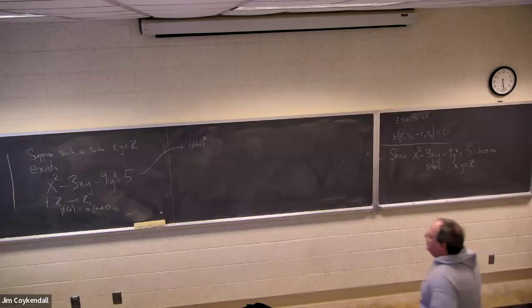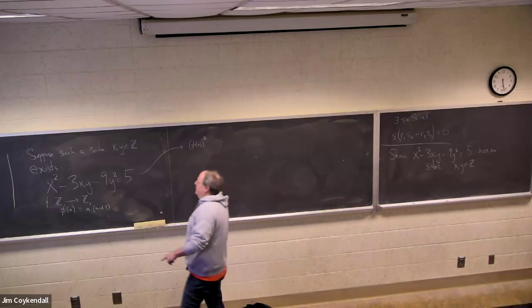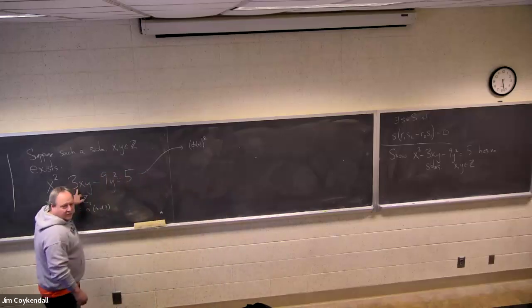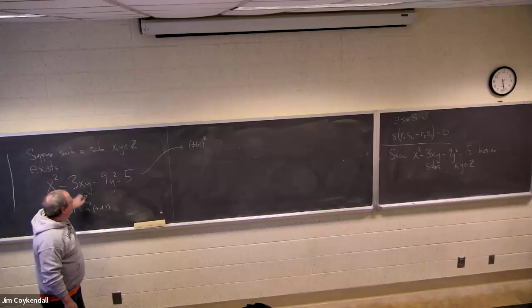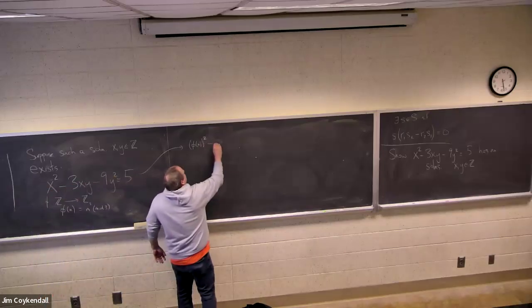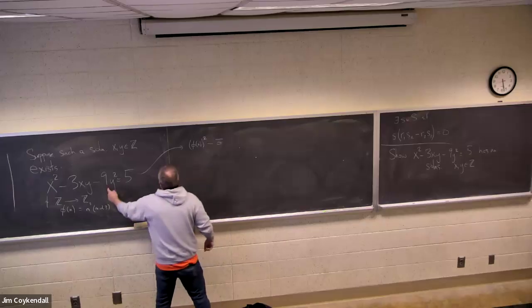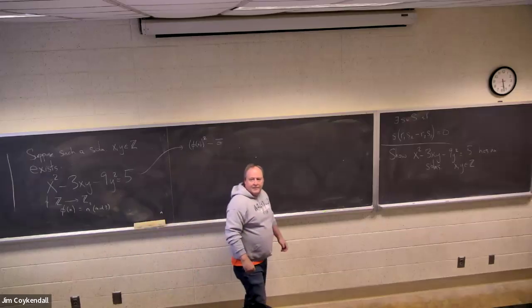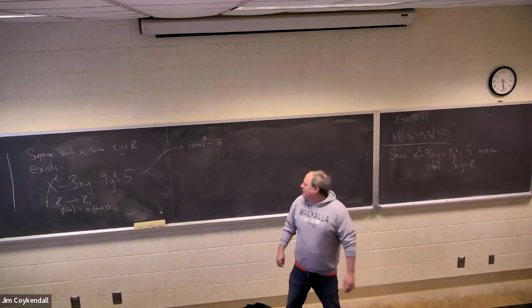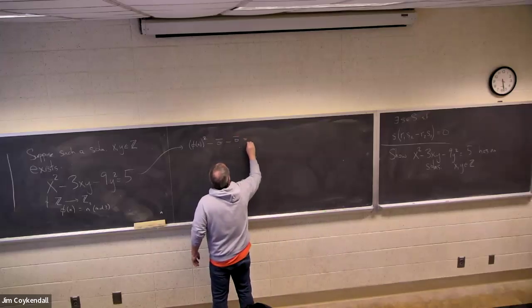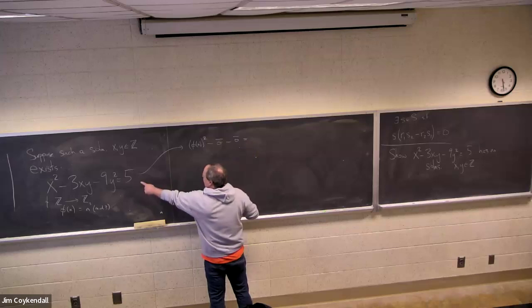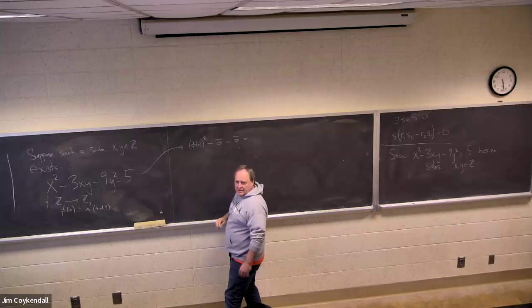So this goes to 0, because it goes to the 0 element, so this is like minus 0 bar. What does it do to 9? Same thing. And this goes to 5 bar, right? Which is the same thing as 2 bar.